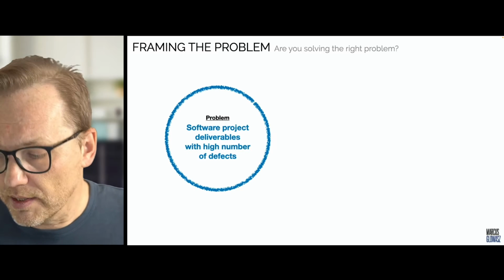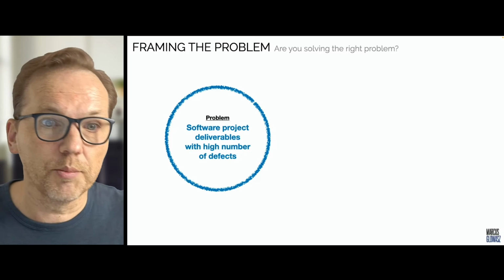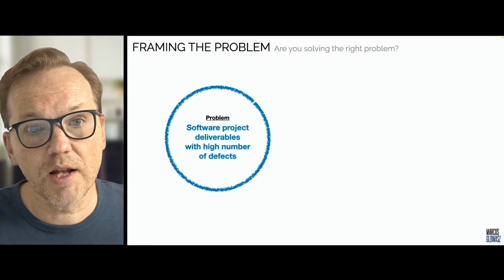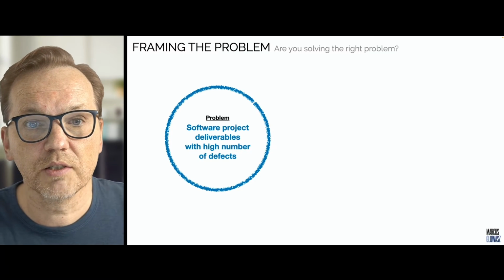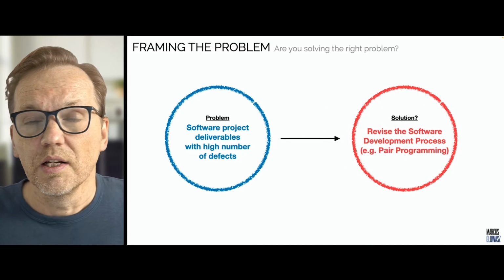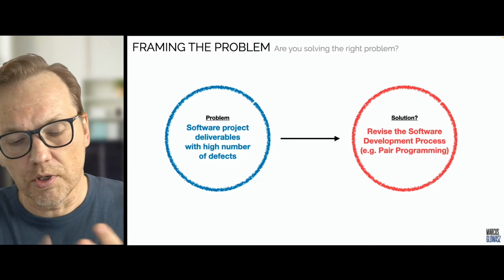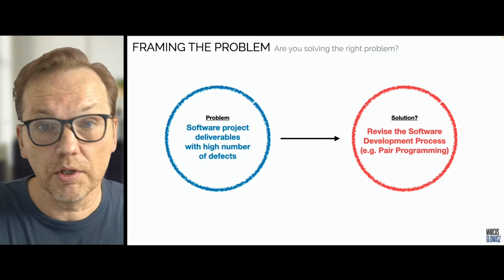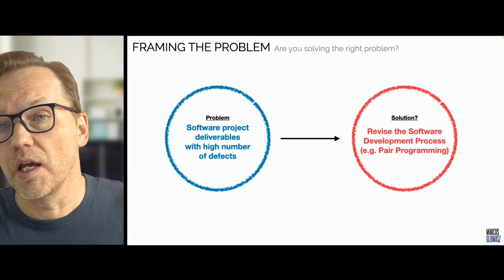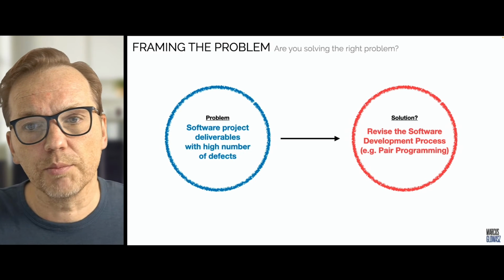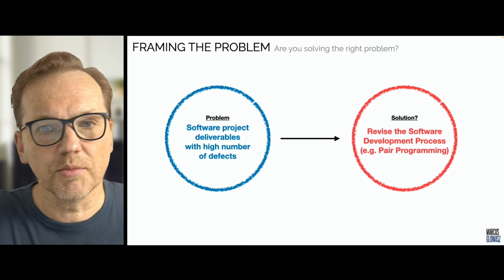So if you just look at this, especially if you're familiar with software project management and this whole process behind those, then one solution that could come to mind, especially because we're talking about defects, we're talking about quality, is to say, yeah, then we have to look at the software development process. Maybe something is wrong.